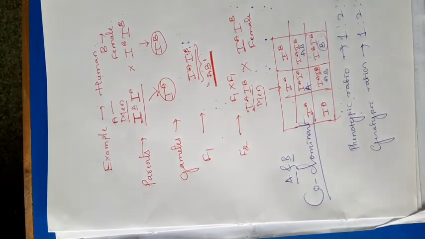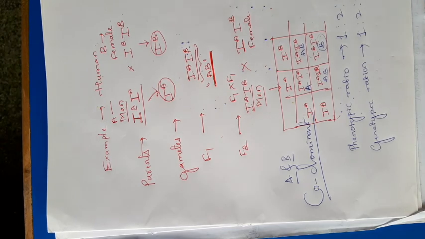This is one of the exceptions to the law of dominance. Incomplete dominance and codominance are exceptions to the law of dominance, exceptions for the monohybrid cross also.